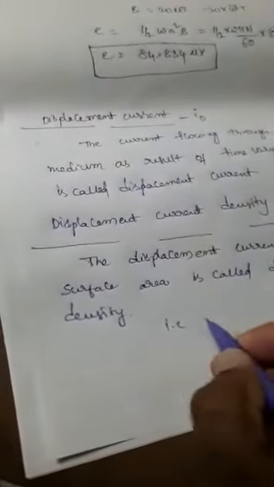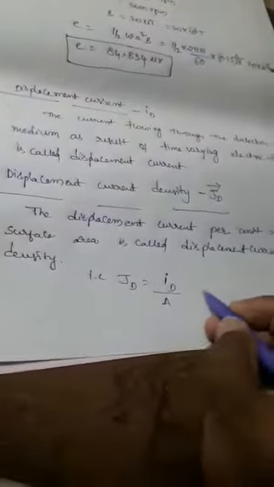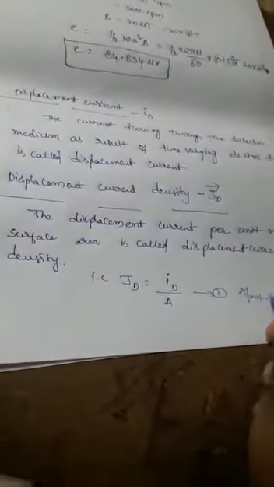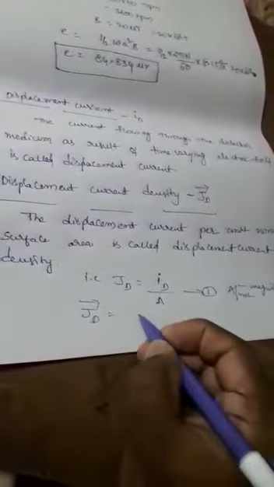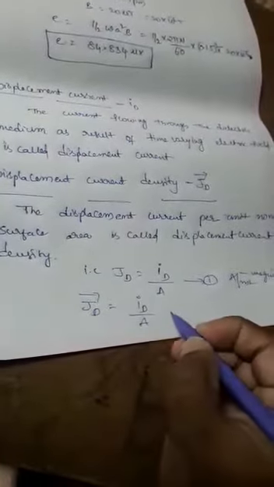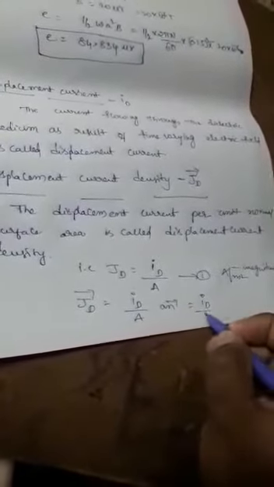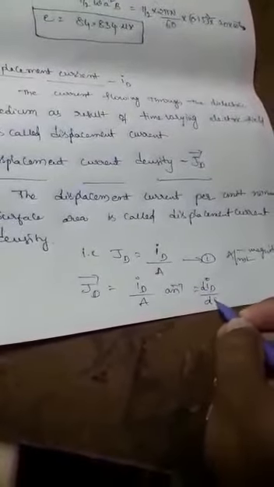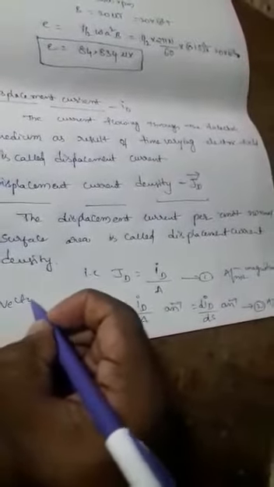That is, JD is equal to ID by A in magnitude, ampere per meter square. Then in vector form, JD bar is equal to ID by A into AN bar, or otherwise dID, differential current divided by differential surface, into AN bar, which is equation number 2 in vector form.